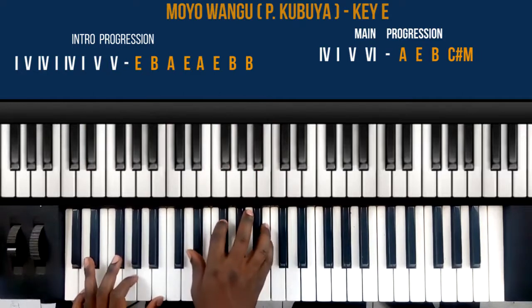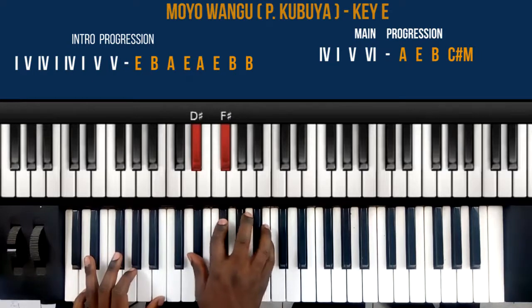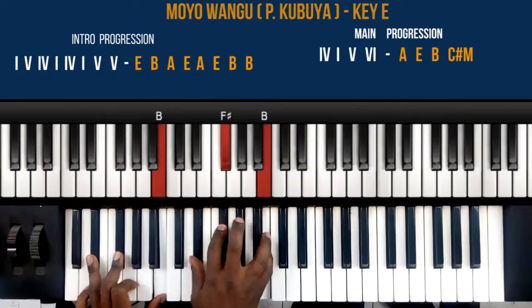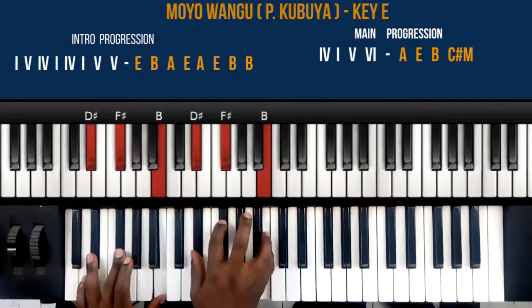My right hand plays note D sharp with my thumb, F sharp with my pointer finger, and note B with my small finger. So that's B. So E, B.